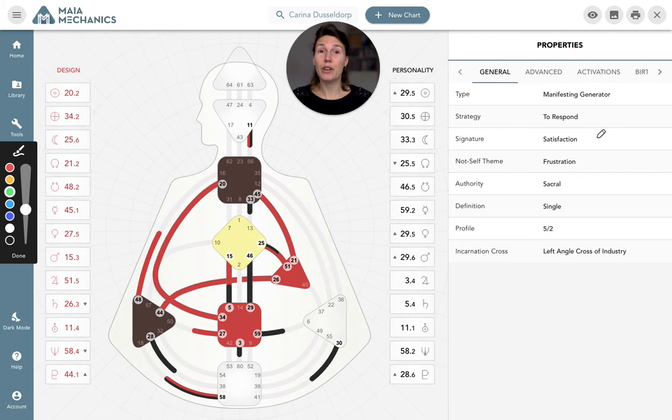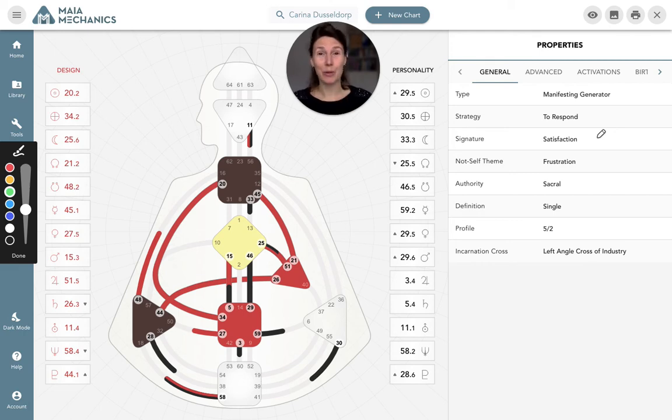So if I feel, and if you feel that also, if you're a generator, if you feel satisfied, that's a deep satisfaction. That's a sign that you're living as yourself, that you're living your design.